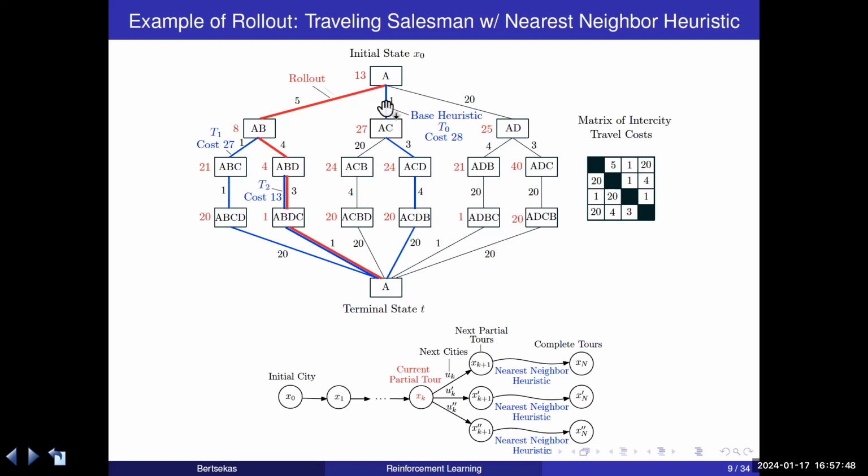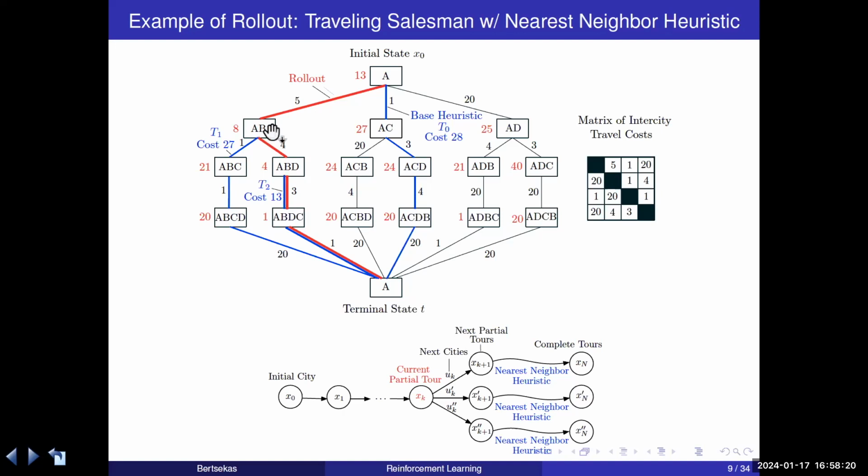Now from here, the base heuristic goes this way, and it has a Q factor of 28. From this choice, the base heuristic will follow up with these cities, and it's going to be like 63. So we compare these three Q factors, and this one is the best. So rollout will move you from A to B and have this partial tour.